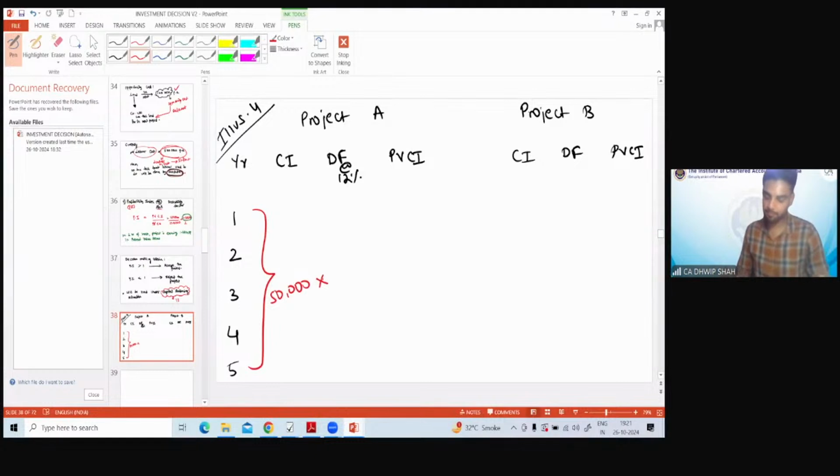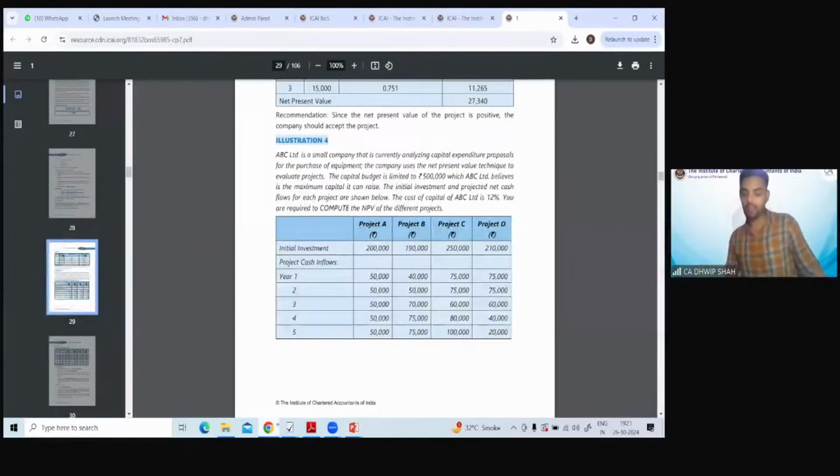Multiply it by PVAF. And how to calculate PVAF? It is nothing but summation of cumulation of discounting factor. So calculate 1 divided by 1.12 equal, plus, again equal, plus, again equal, plus, fourth time equal, plus, fifth time equal.